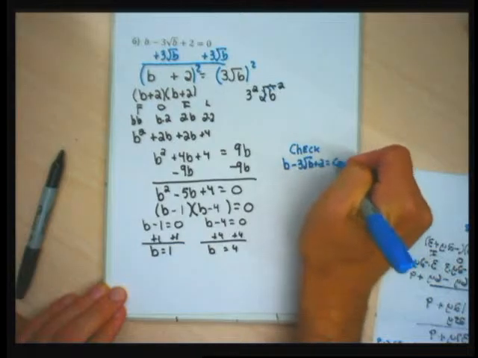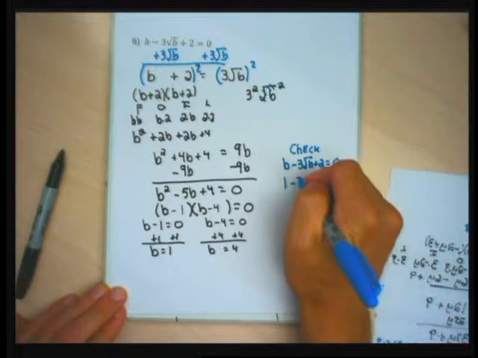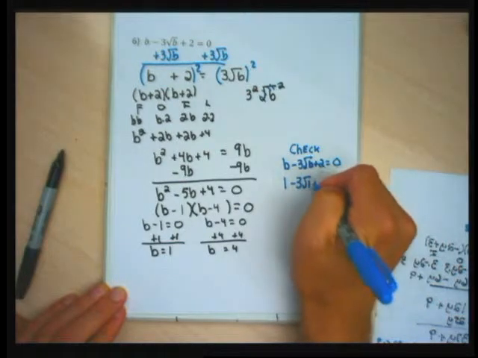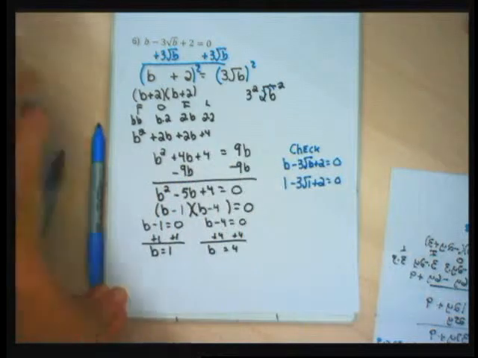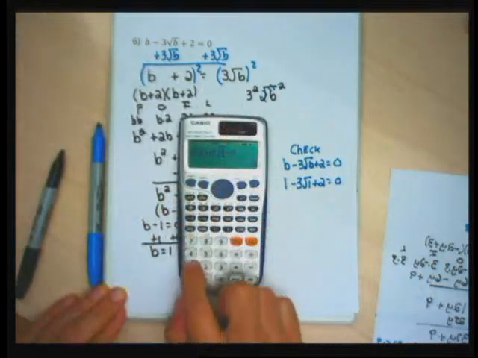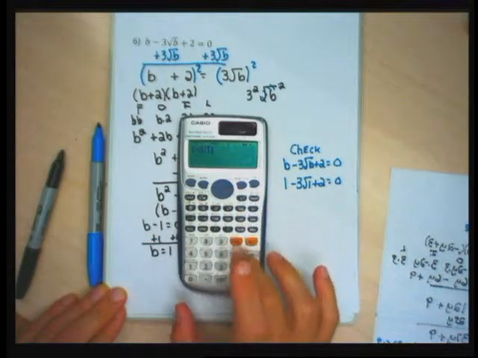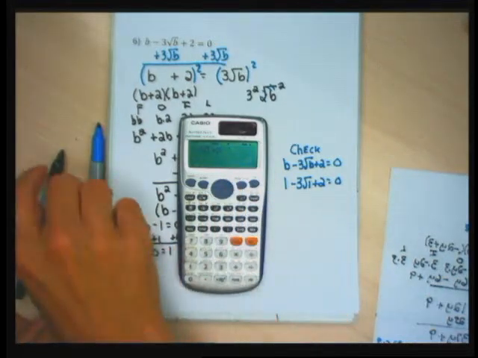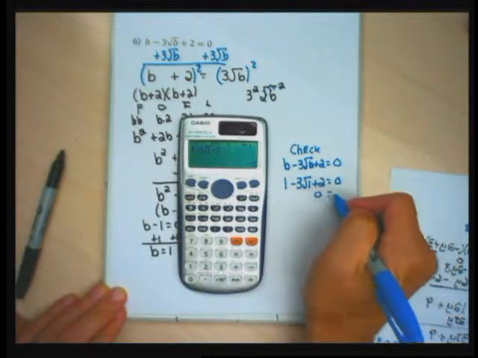The problem before I did anything: I'm going to check 1 first, see if 1 minus 3 times the square root of 1 plus 2 equals 0. That one I think works, but let me double check it. So 1 minus 3 times the square root of 1 plus 2. That one definitely works. I get 0 equal to 0, so 1 is a solution.